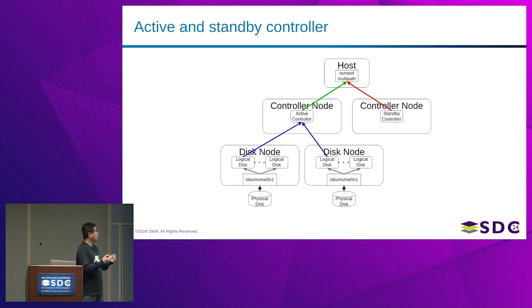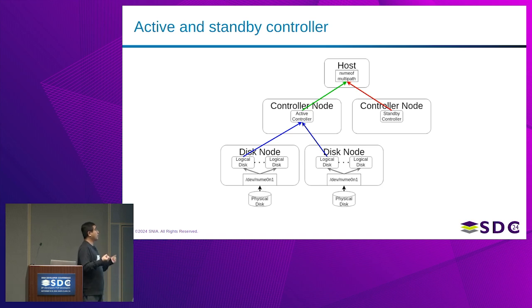The red line, I will set it to the inaccessible state. So if the host follows the NVMe protocol, it will always send I/O to the optimized path and not send any I/O to the inaccessible path until we run something like failover.